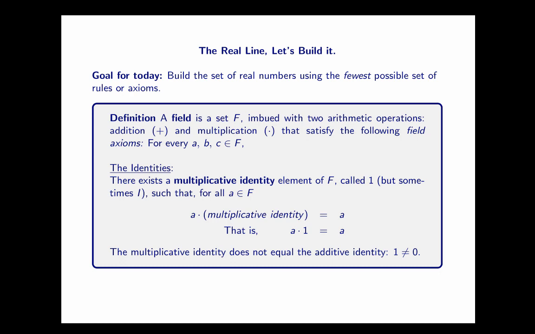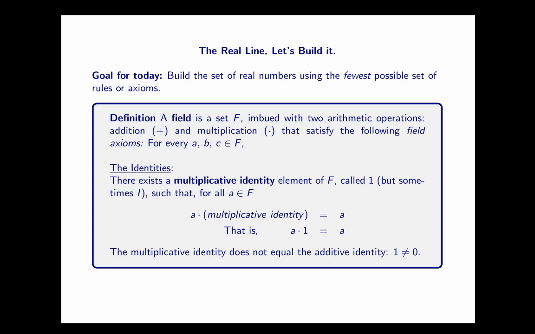Now, additionally, as an axiom, in other words, by definition, the multiplicative identity and the additive identity cannot be equal. Okay, they cannot be equal. So the multiplicative identity does not equal the additive identity. In other words, 1 is not equal to 0.